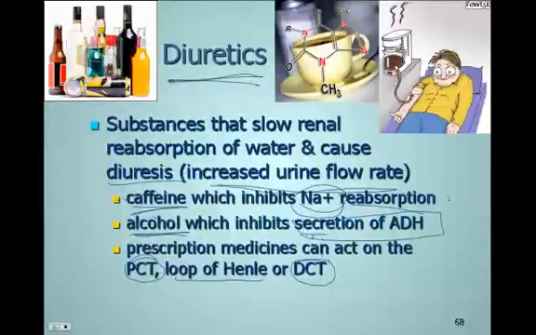And again, it can do this by a number of mechanisms. It can inhibit sodium reabsorption, which is one of the main ways that these medications can increase your urine output, or decrease your water reabsorption back into the blood. So again, those are all examples of diuretics.